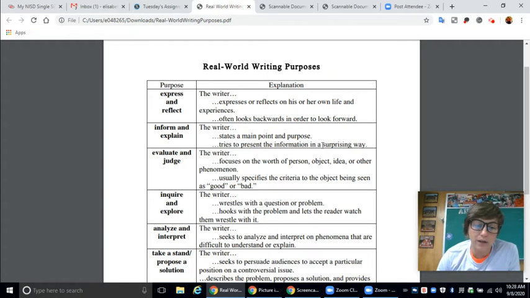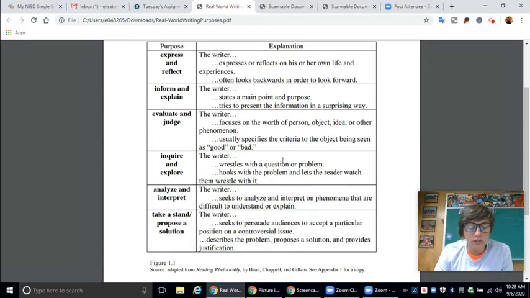Evaluate and judge focuses on the worth of a person, object, idea, or other phenomenon, and usually specifies the criteria for the object being seen as good or bad. I'm going to go into a little more detail on that when we go through my model. To inquire and explore is another real-world writing purpose.